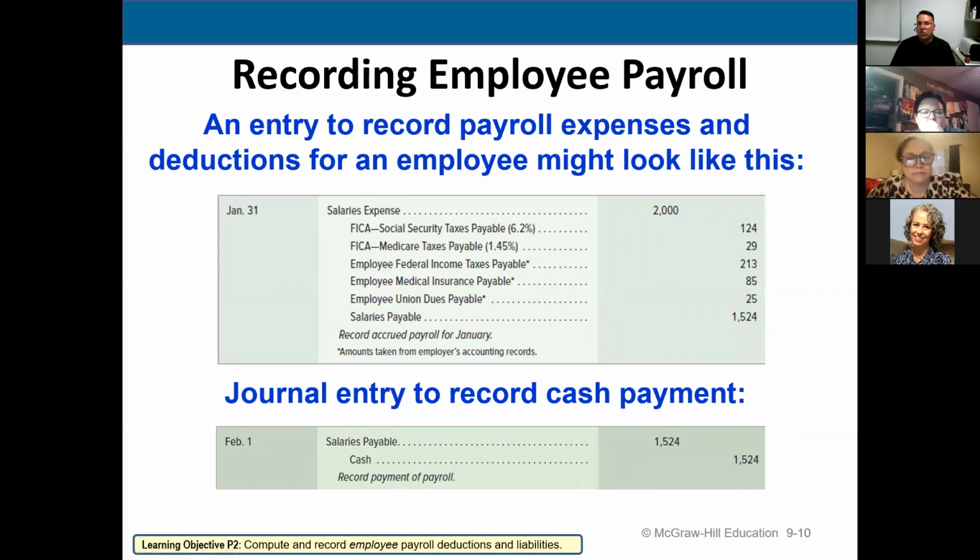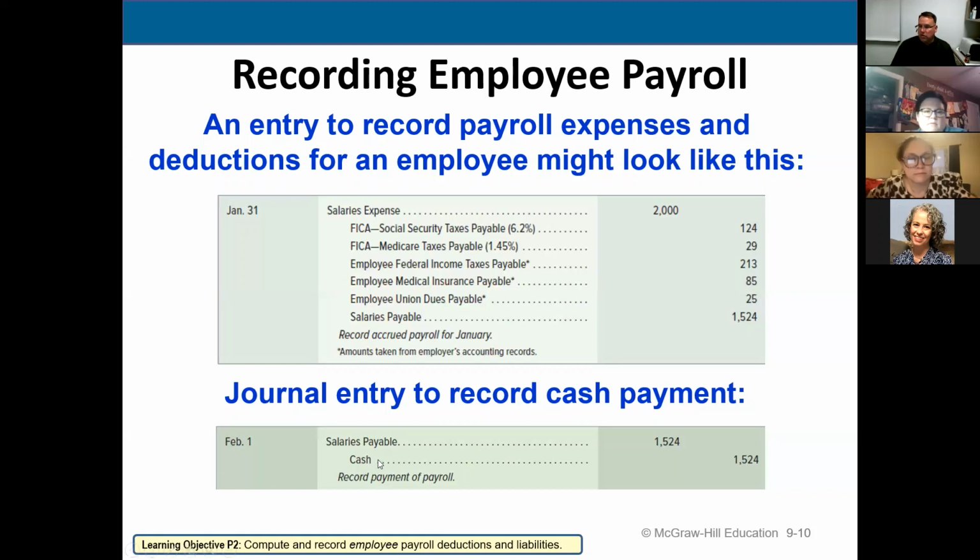Okay, so recognize that all of these are payables because usually the federal government, the state government, all those people that we're sending this info to, they usually just have us pay them sometimes monthly, sometimes quarterly. So each time we do payroll, we just create these payables. And then when the bill comes due, as the employer, we send the money to the government.